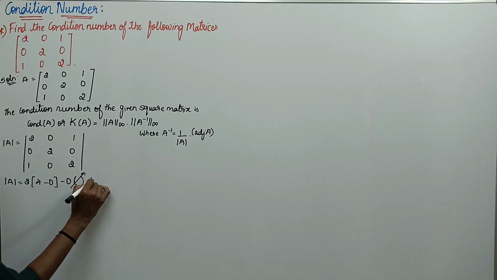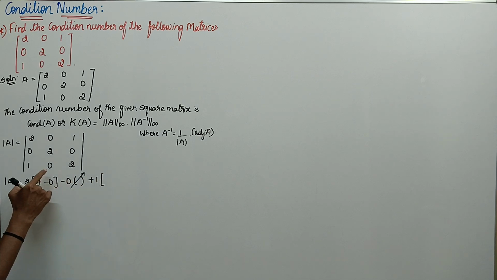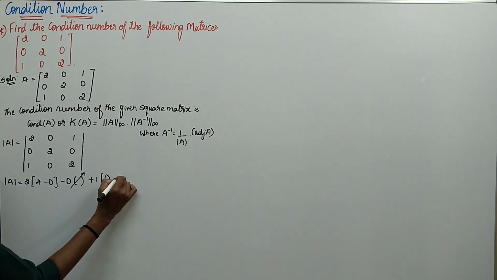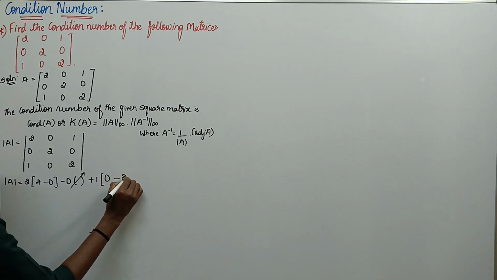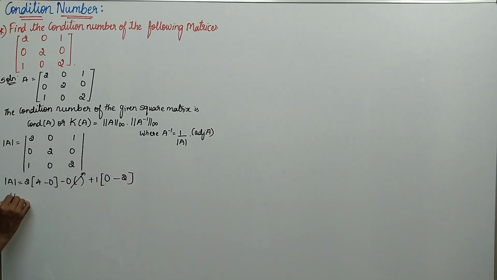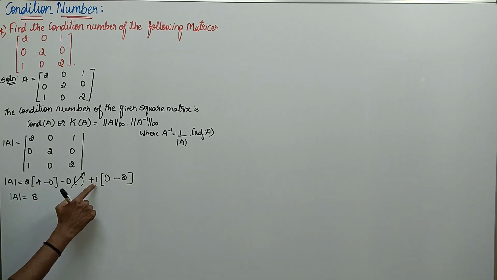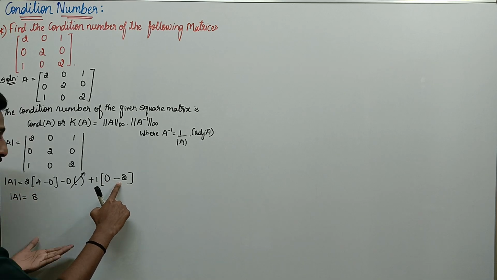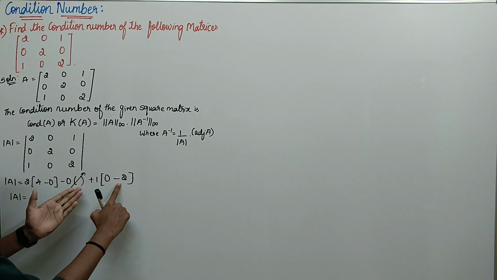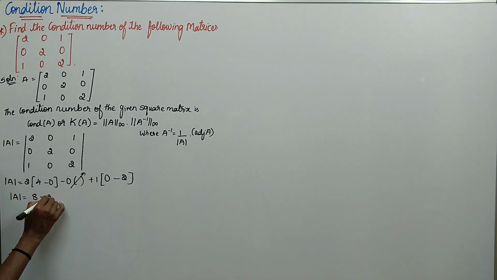Next, plus 1 into 0 into 0, 0, minus 1 into 2, 2. That is determinant of A. 4 twos are 8 minus 2, that is 6. Determinant of A is equal to 6.